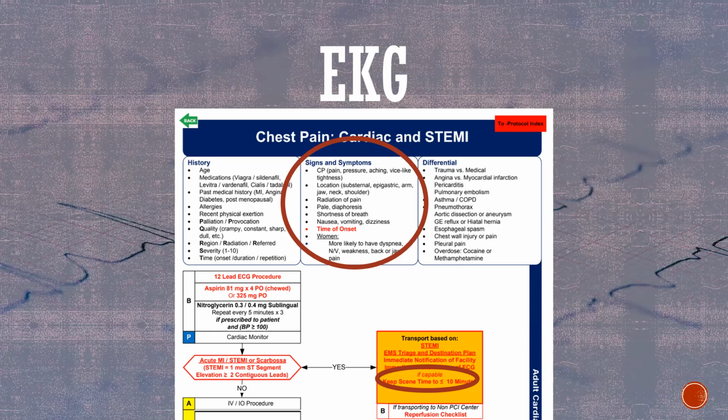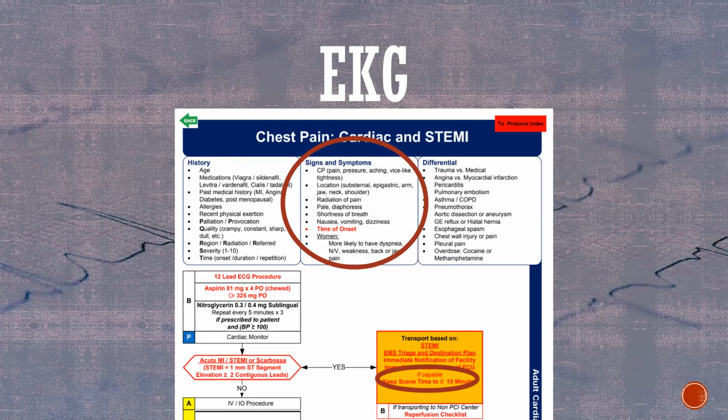Obviously, the cath lab itself has to be prepared, but oftentimes the cath lab team and the interventional cardiologists have to be called in from home. So it's something that takes a good amount of time to get all the pieces in place in order to get someone their stent or PCI.